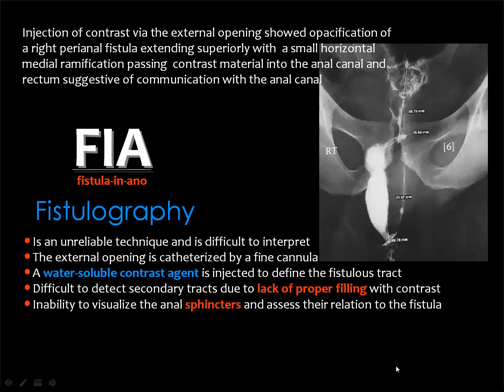And this technique is now considered extremely unreliable and is difficult to interpret in view of the new classifications. This technique may fail to outline the side tracts because the tracts are occluded by pus or granulation tissue.